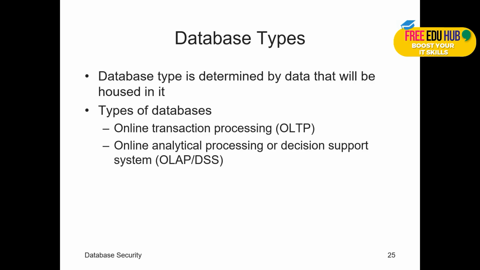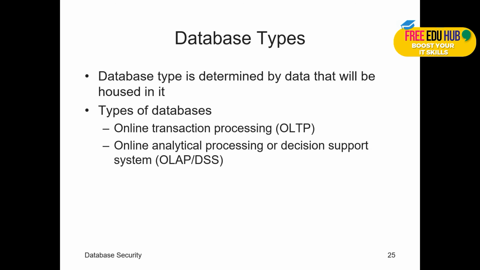Now, we have different kinds of database types. The database type is determined by the data that will be housed in it, for example, online transaction processing or online analytic processing for decision support systems, etc. Online transaction processing covers the records or entries that are made on a minute by minute basis, or any sales taking place through online stores.